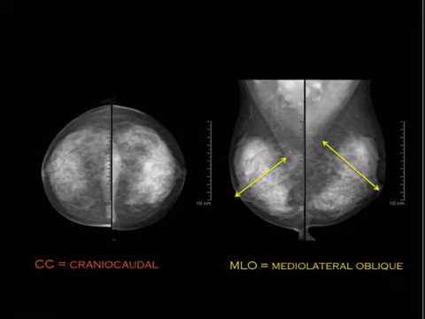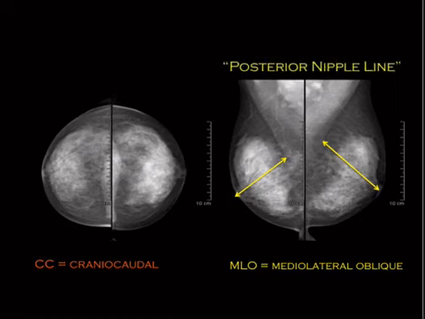The first thing you want to do when you look at one of these is QA it. Is it up to snuff? The way that you do that is by looking for, is there enough breast tissue on the film? People will tell you to draw this line from the nipple posterior to the pectoralis muscle, and they call that the posterior nipple line.